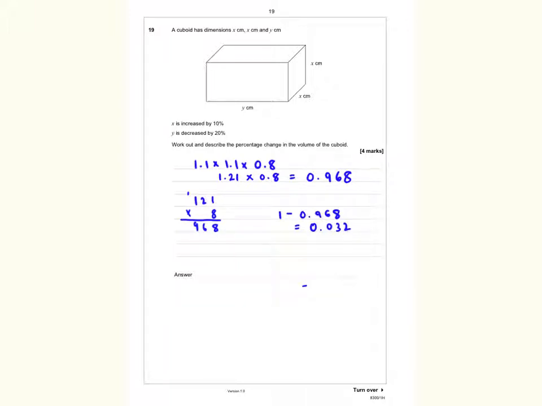Okay, so I can see that it's going to be 3.2% here. So clearly that is a 3.2% decrease. So here I'm going to have to describe it as 3.2% decrease. So the question was, work out and describe the percentage change in the volume of the cuboid. It's a 3.2% decrease.